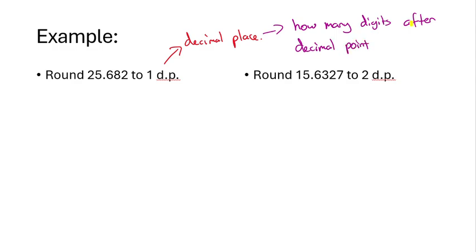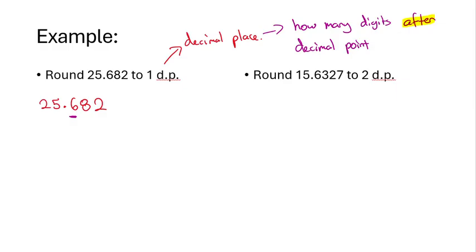So keyword: after. So let's just write it out. 25.682. Now the first number after the decimal point is the 6. So let me just underline that real quick. So that's where we want to round it to.